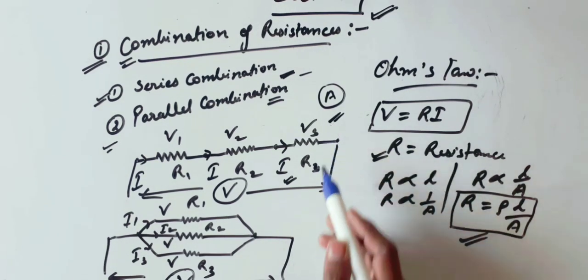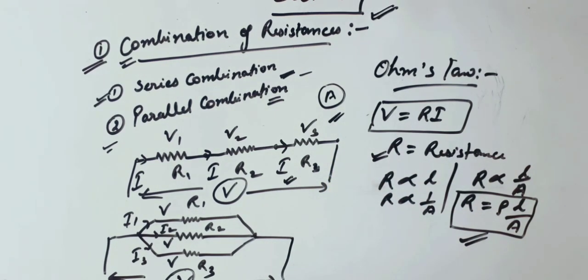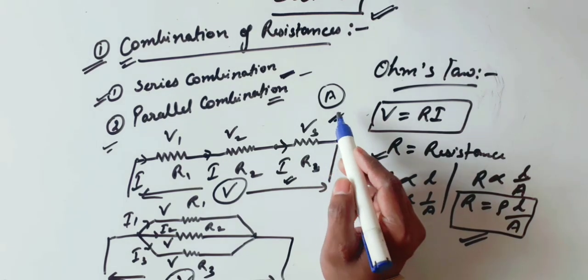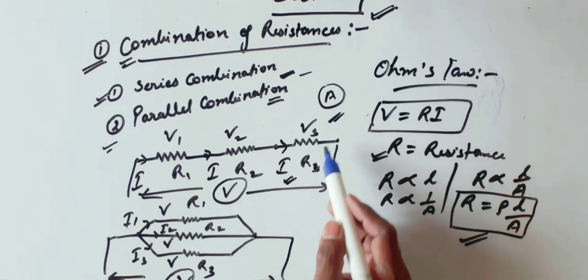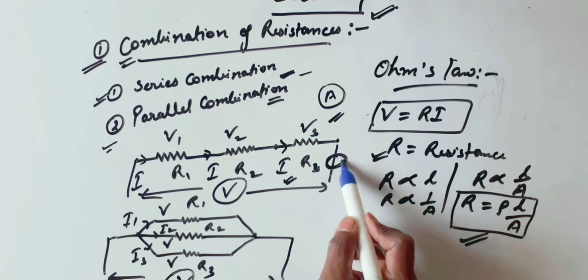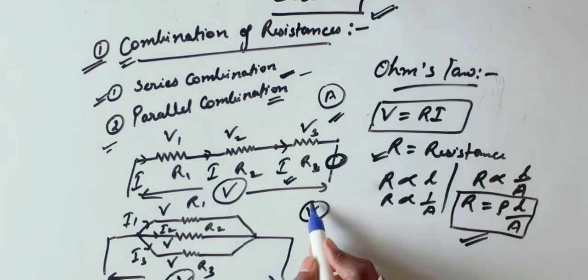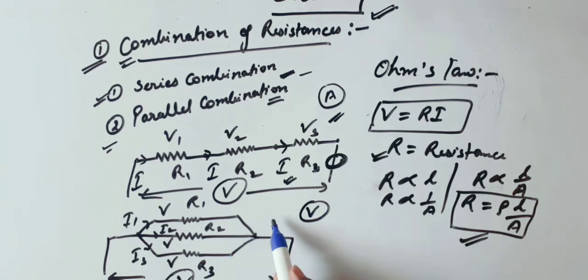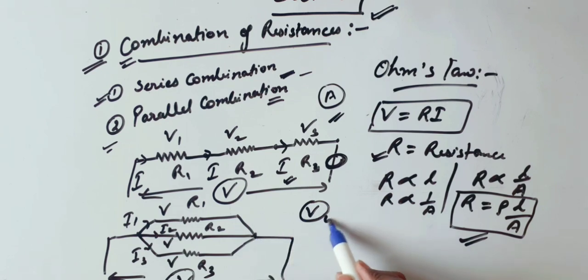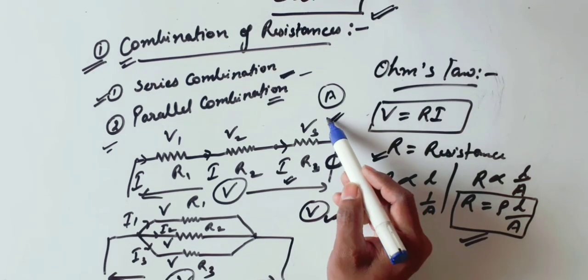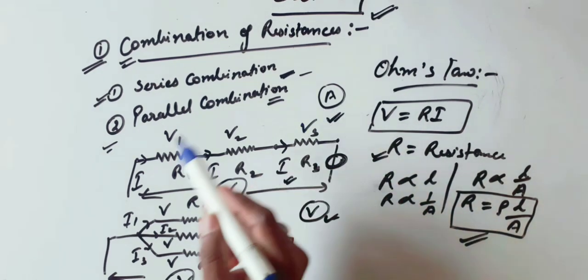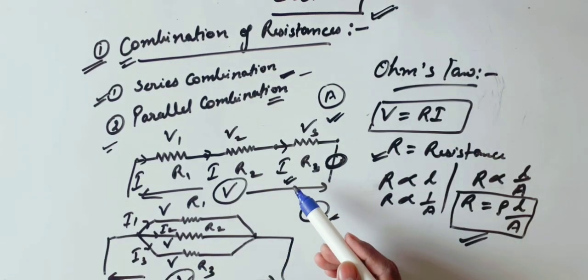Ammeter is a device used to measure the electric current flowing through the circuit. So an ammeter is always connected in series with the resistances, and a voltmeter is a device connected in parallel to measure the applied potential. Because in parallel combination the applied potential is constant, but in the series combination the electric current is constant for each and every one.